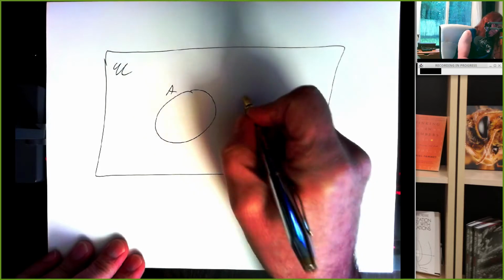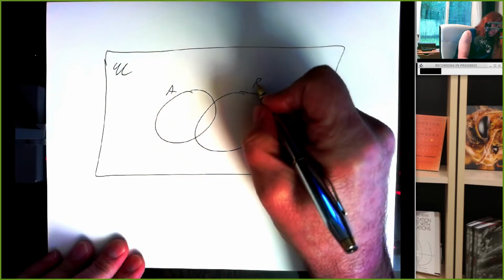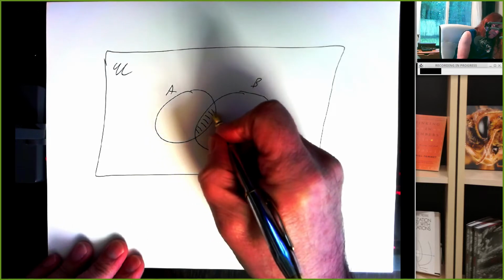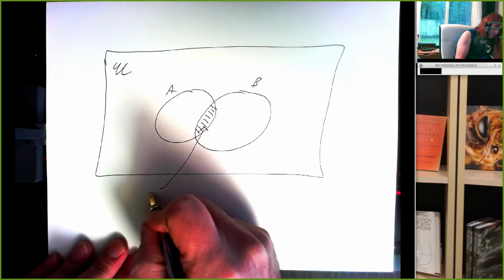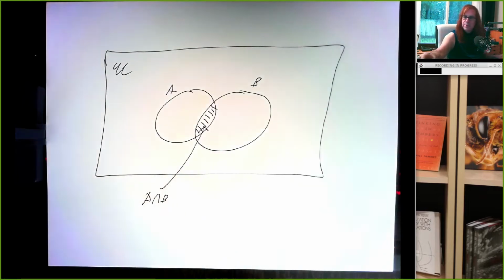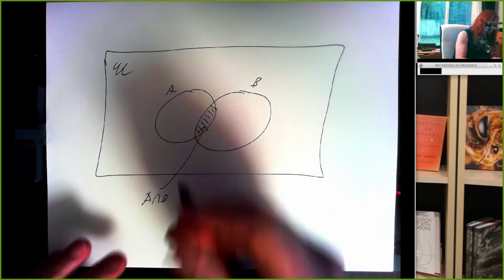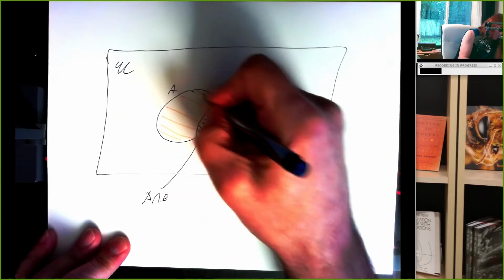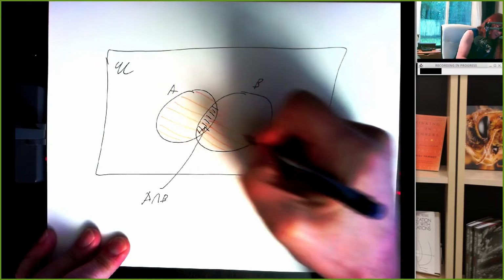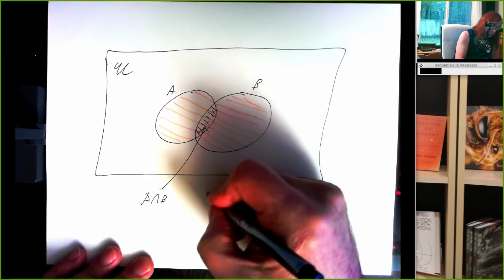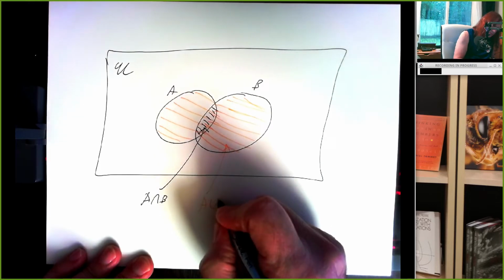Here's A. Here's B. So this spot where they overlap, that's their intersection. This stuff that we get by looking at everything, whether it's in A or in B or in both A and B, that's the union.